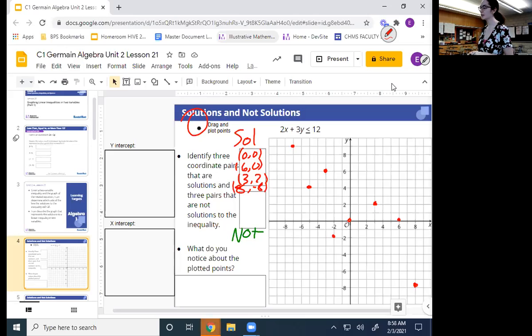Okay, can I have Abby Wasta unmute and tell me one thing that you notice about these points that are solutions?